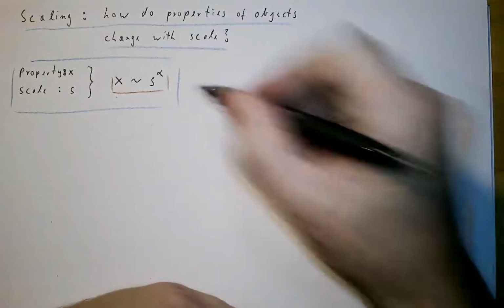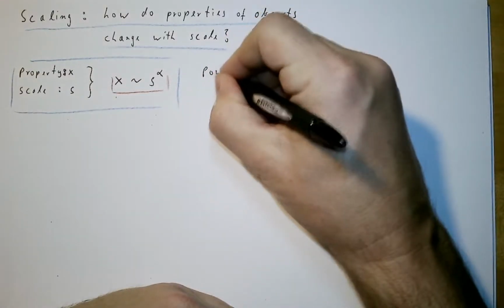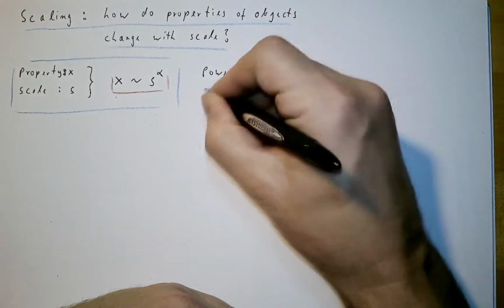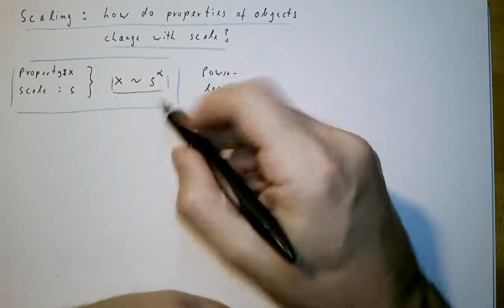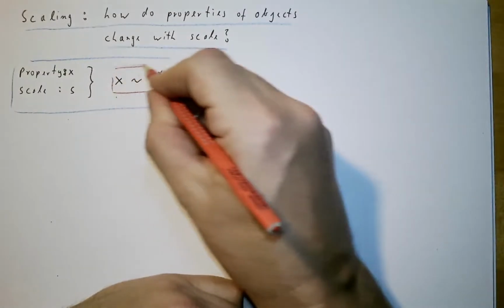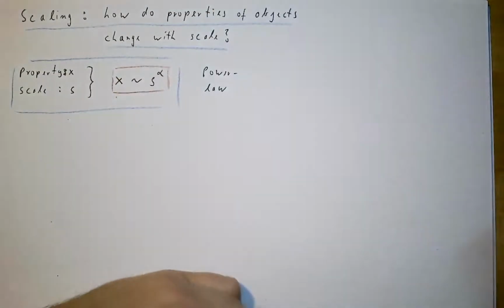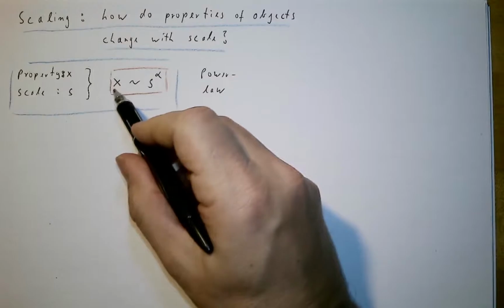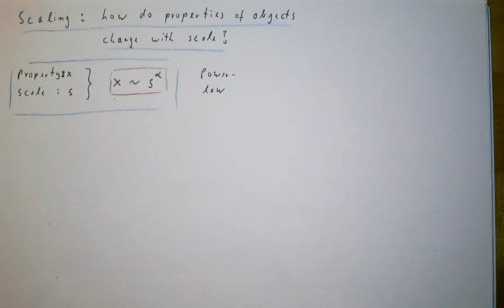So we have here a power law. Now this is not a power law distribution in this case. We are not speaking about a distribution of probabilities, just the properties of objects depending on the size.